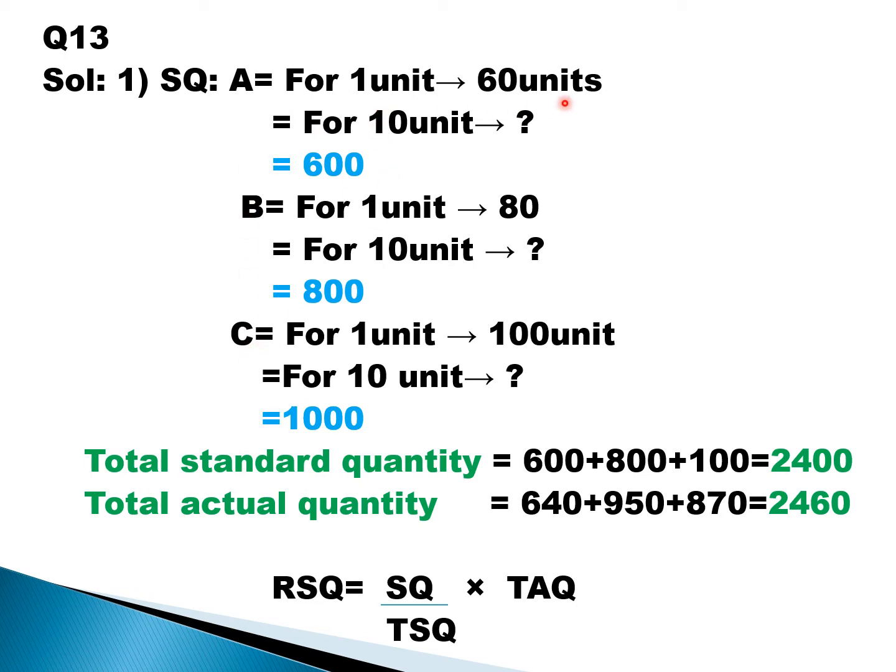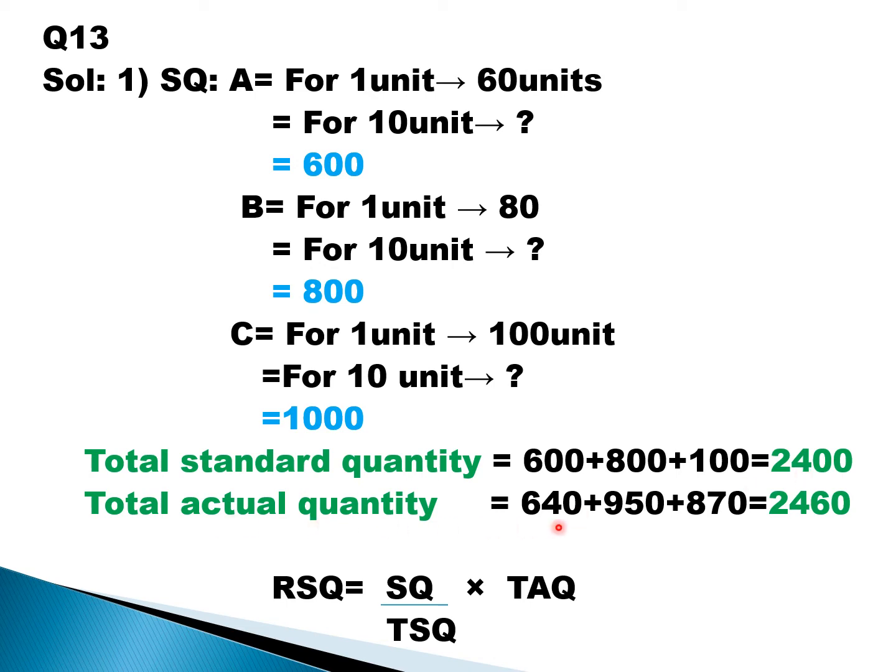For 1 unit it's 60 units of A, for 10 units it's 600. B, for 1 unit it's 80 units, for 10 units it's 800. C, for 1 unit it's 100 units, for 10 it's 1000 units. So total standard quantity is 600 plus 800 plus 1000, you get 2400.